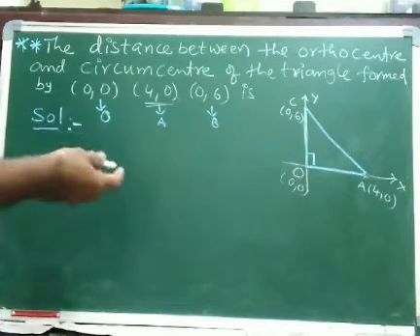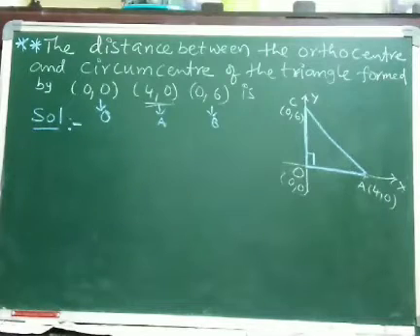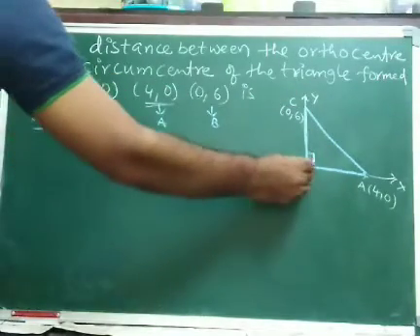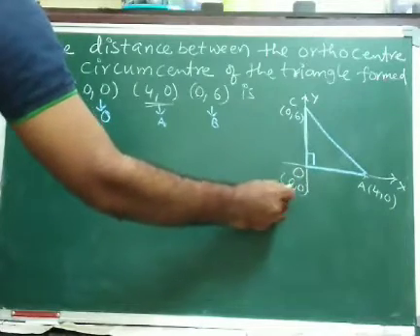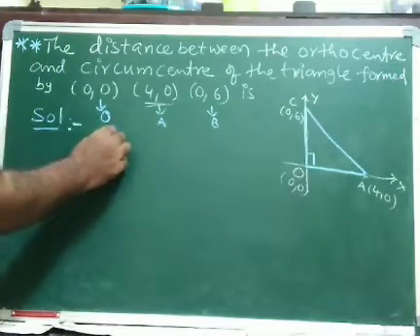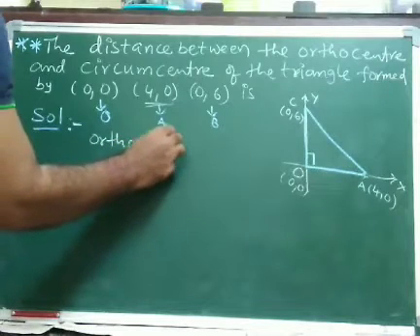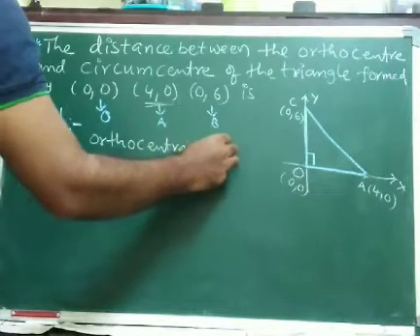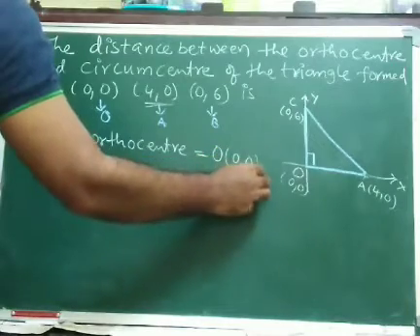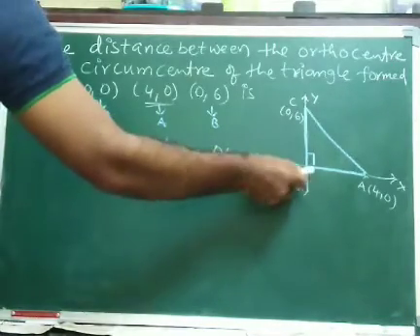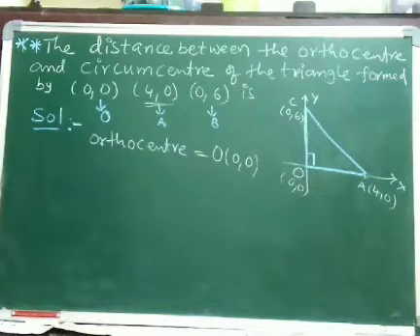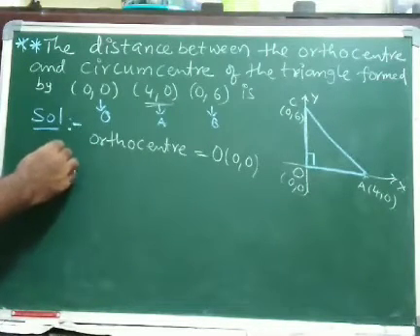We already discussed in the last video that if it is a right angle triangle, then the orthocenter is nothing but the vertex which has the right angle. So now in this triangle, the right angle is at O, isn't it? Therefore I can declare that the orthocenter is nothing but O, which is 0, 0, because it is a right angle triangle with the right angle at the vertex O. And do you remember about the circumcenter?